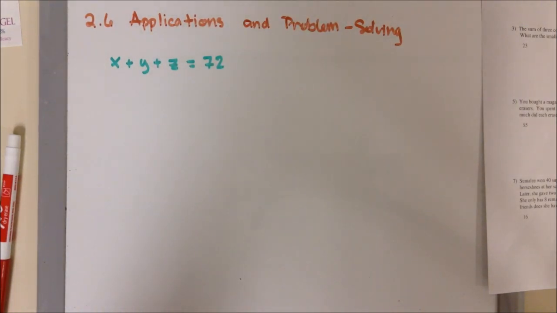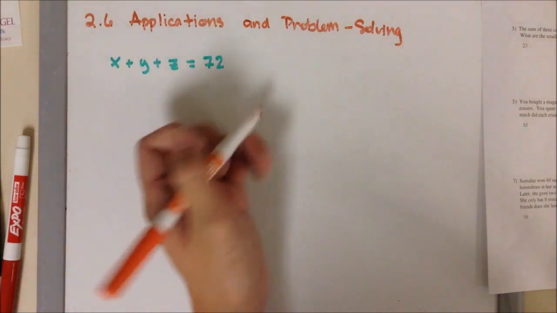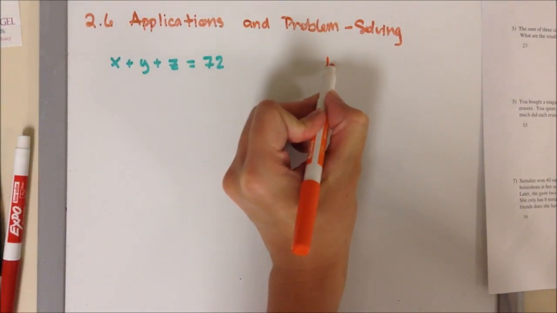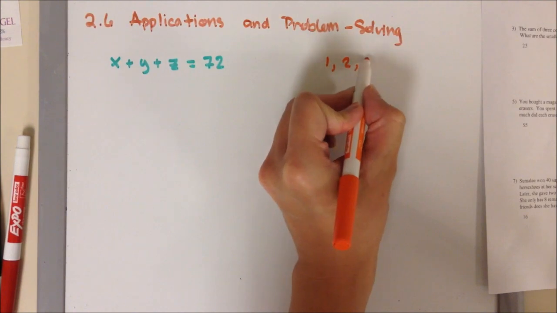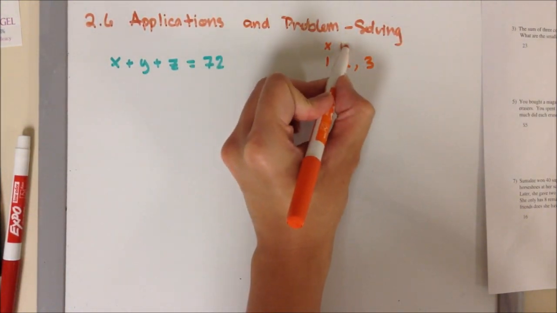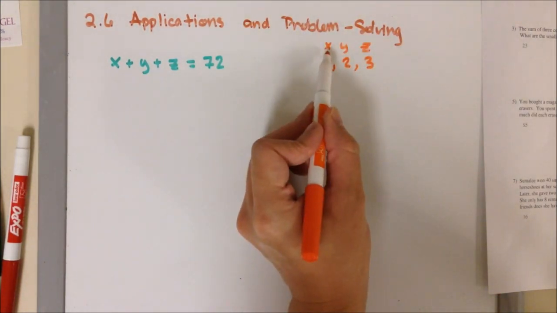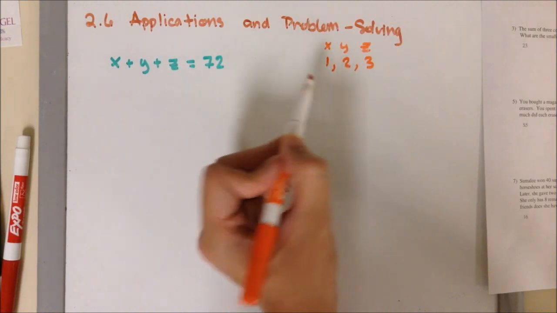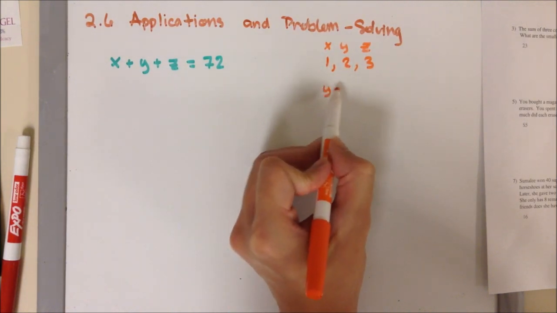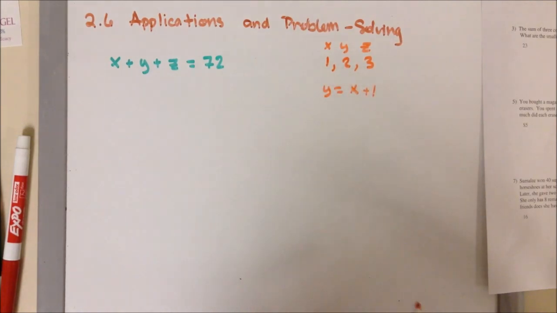But here's the thing. Let's talk about patterns of consecutive numbers. Let me do an example. The easiest three consecutive numbers are 1, 2, and 3. If I label these as my x, my y, and my z, to go from x to y, I added 1, so y equals x plus 1.